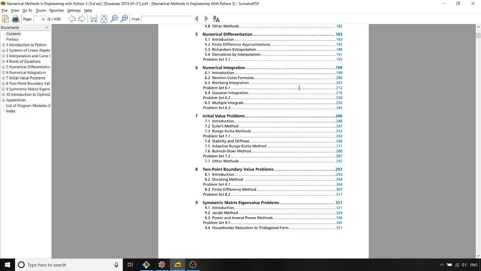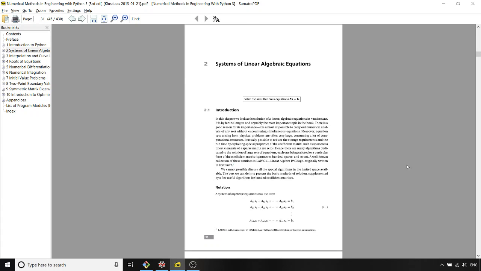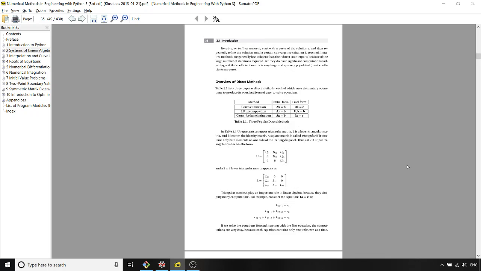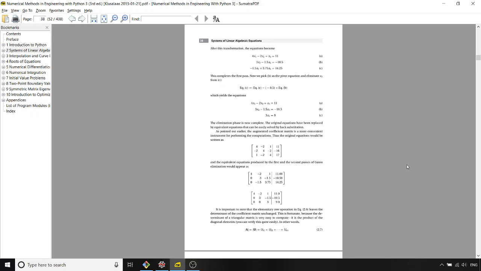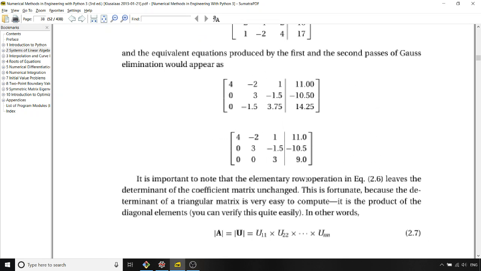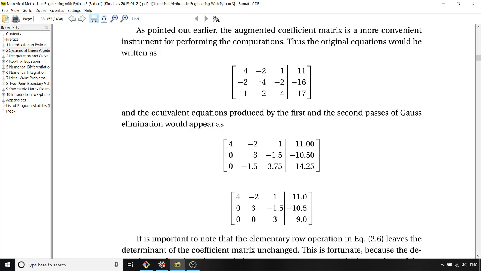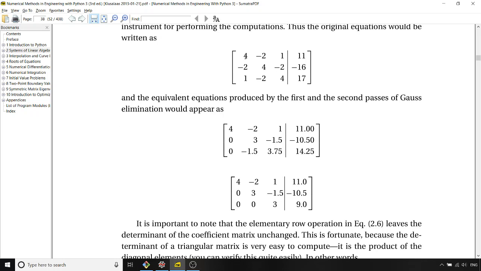Just to refresh you on how it works, let me show you an example here from the book. There's a matrix A in this form, and B is this, written together in one place.